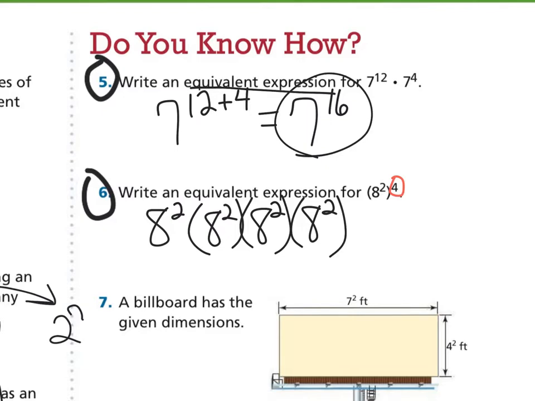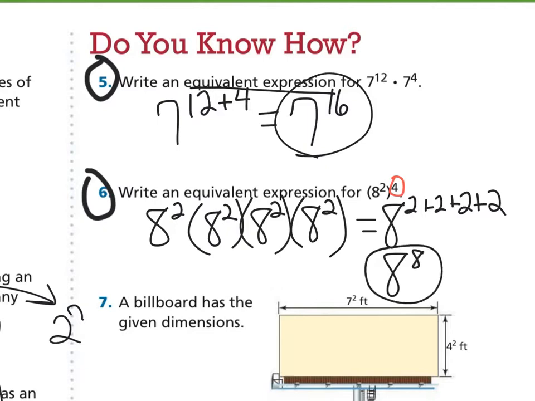Once we've done that, multiplying, so we can add our exponents together. And that would be 8 to the 8th power. Again, different ways to do that problem, but this way, less for you to remember, less chance of getting confused on what you're doing.